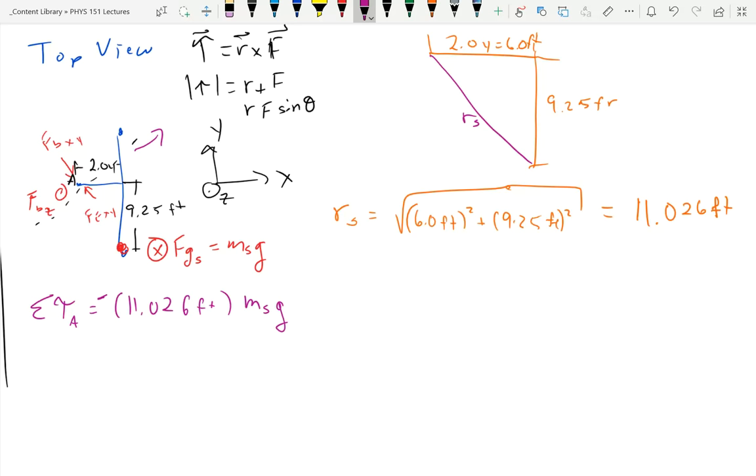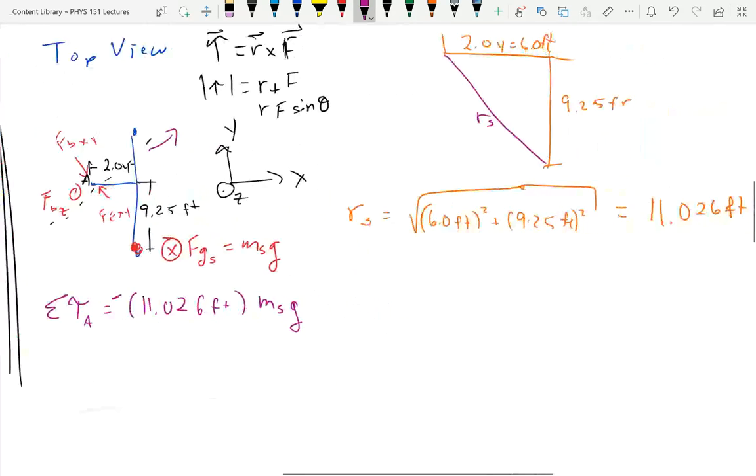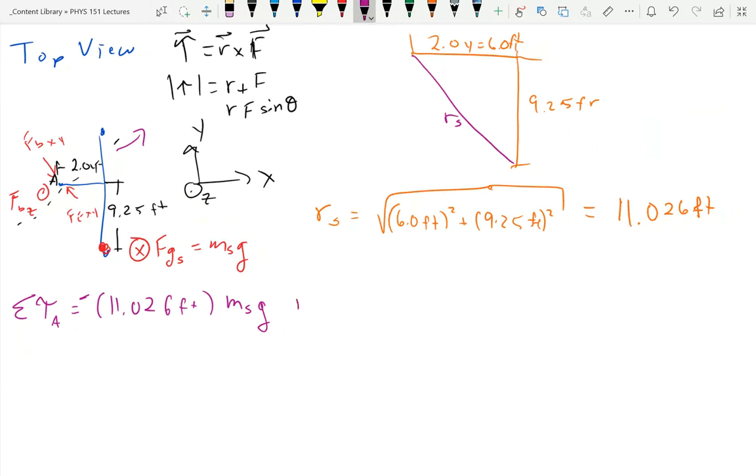Then I have the counter torque. And the counter torque to that, I can most easily pick up from looking at the side view. Because looking at the side view, we see that from point A the perpendicular distance to force BXY is that 53 inches, times the force BXY, which is what we're looking for.